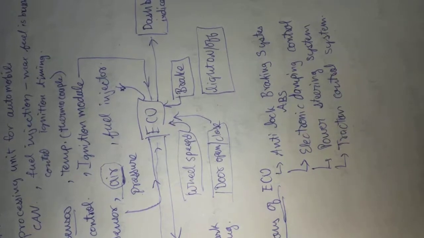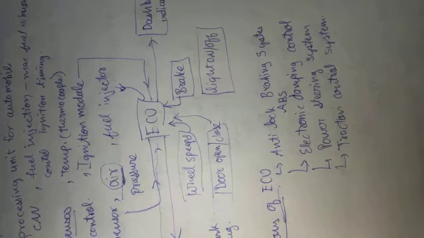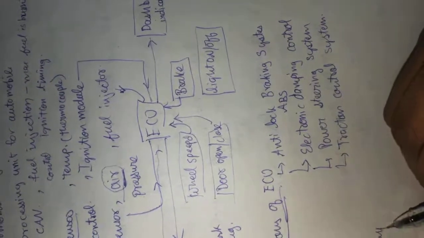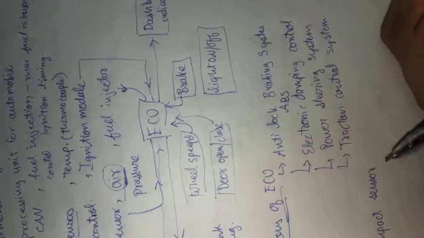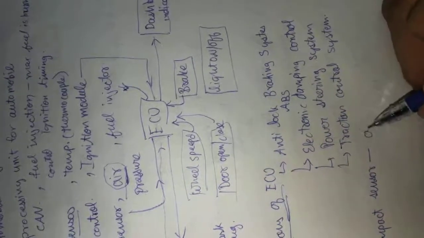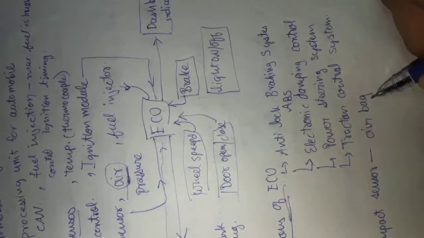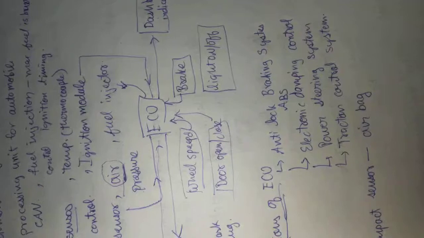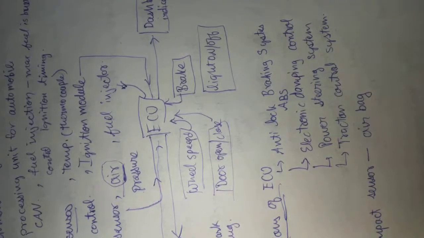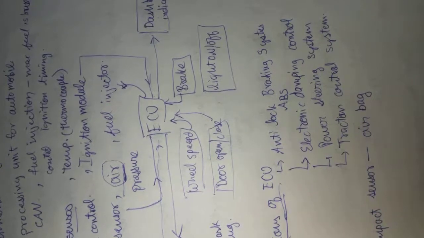In case of accidents, if the impact sensor does not give output at the time, then the airbag will not open up, and that may cause the death of the driver and the co-passenger. So I hope this will clear the importance of sensors for automobile engine control.